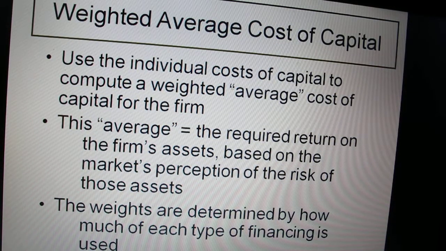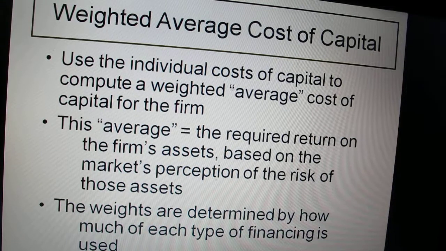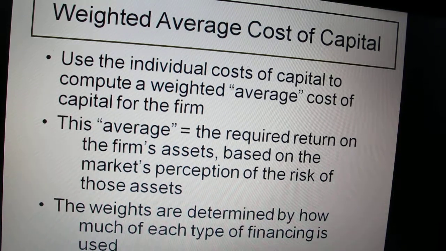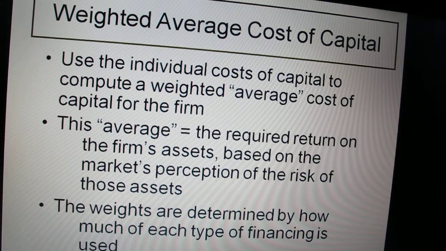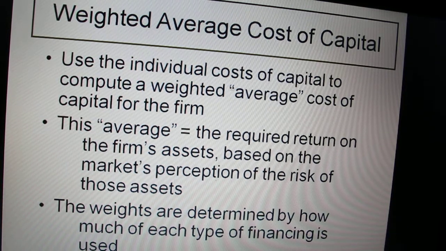Next part here, the weighted average cost of capital, which is going to be called WACC in your textbook often, or the WACC I call it. This is going to be an important concept going forward. So I think that for quiz purposes, it would be good to know what the definition is of this term.